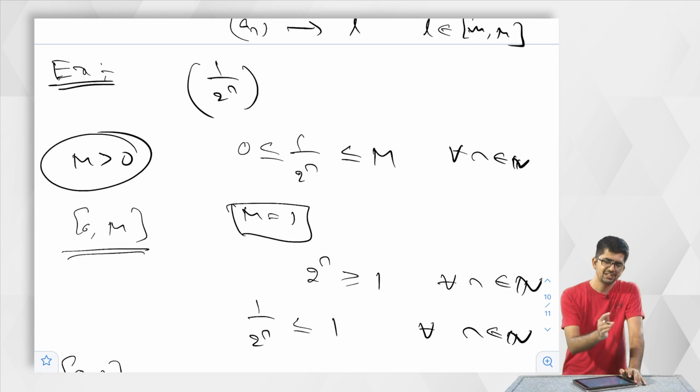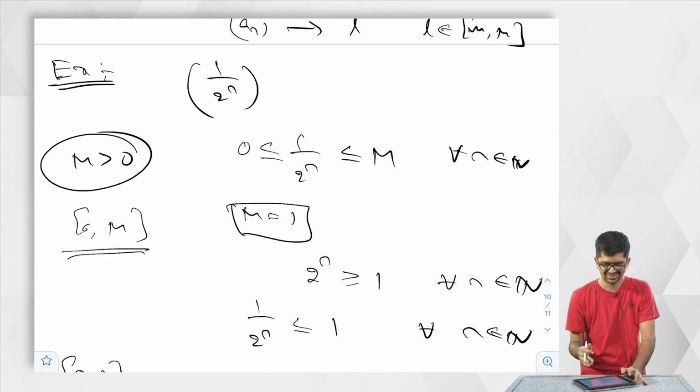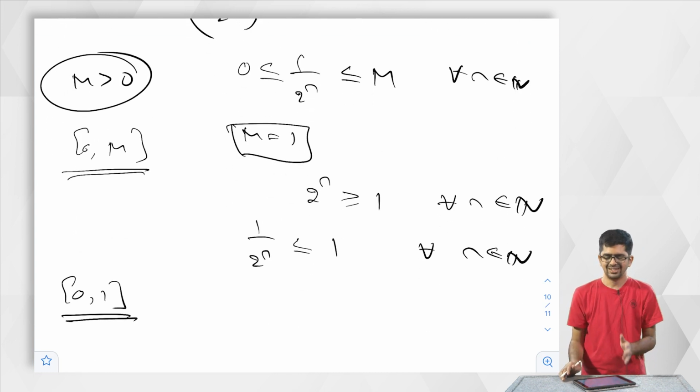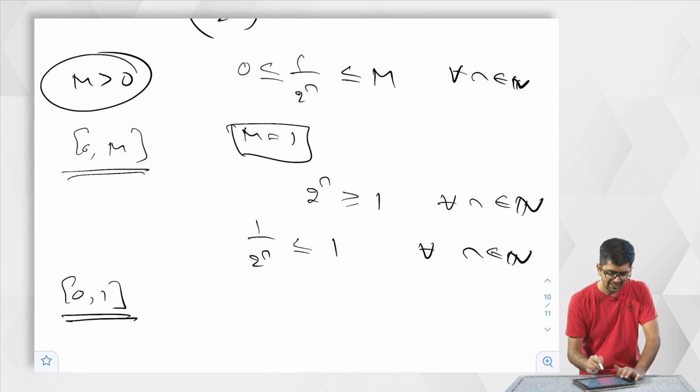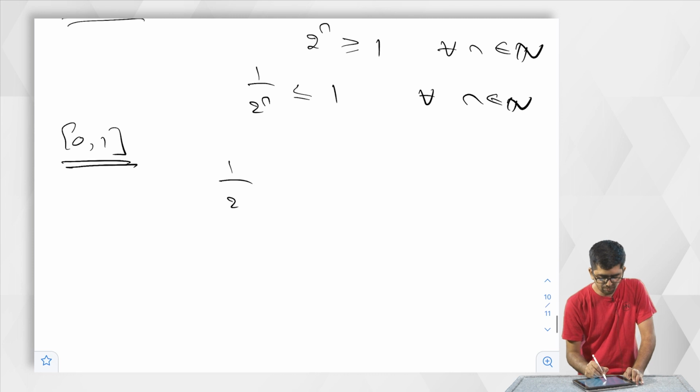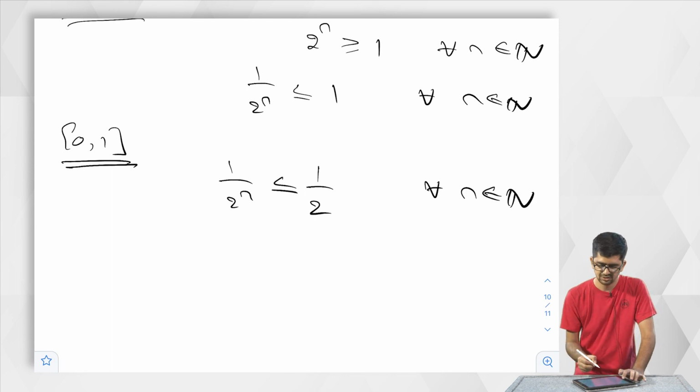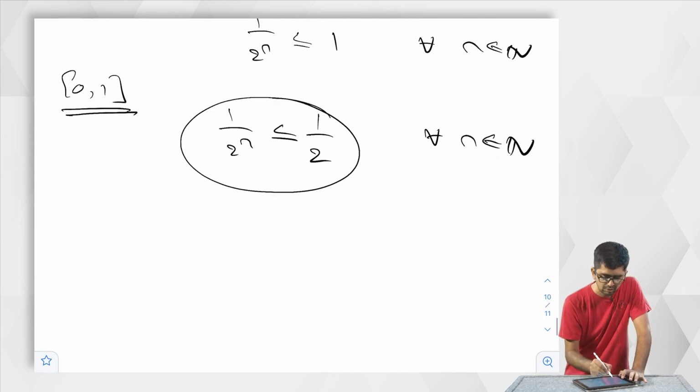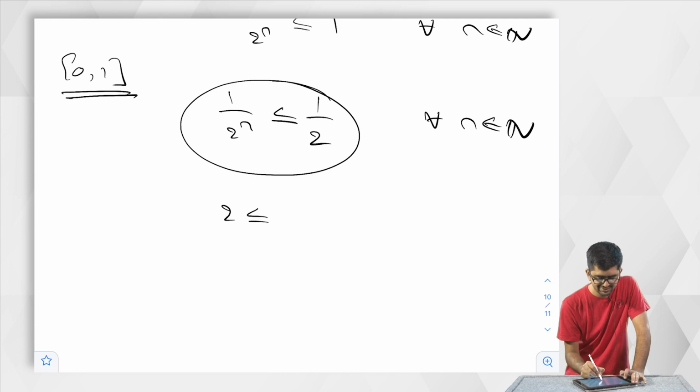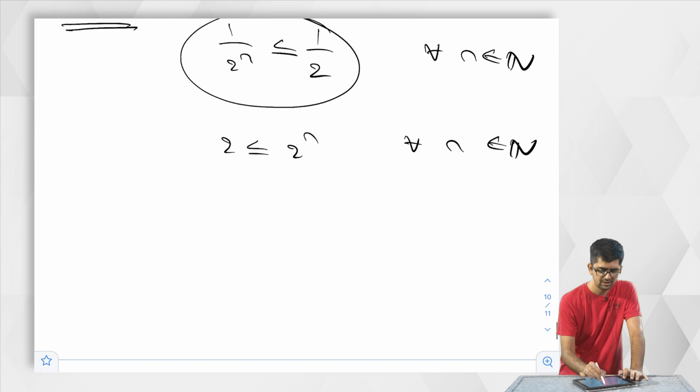Whatever I have done in the previous case, let us try to do the same thing here also. Let us see if we can reduce the bound by some amount. Do we have that 1 by 2 power n is less than or equal to 1 by 2 for every n belongs to N? For this to be true, what we want is 2 less than or equal to 2 power n for every n belongs to N. This is always true, right?